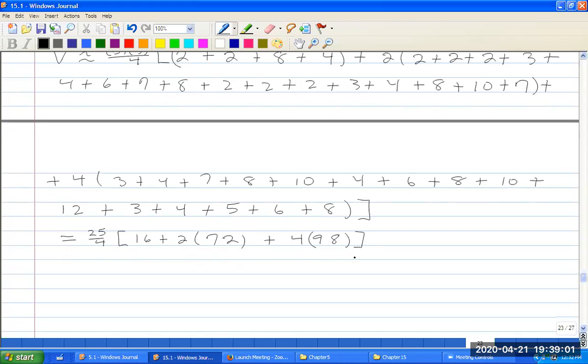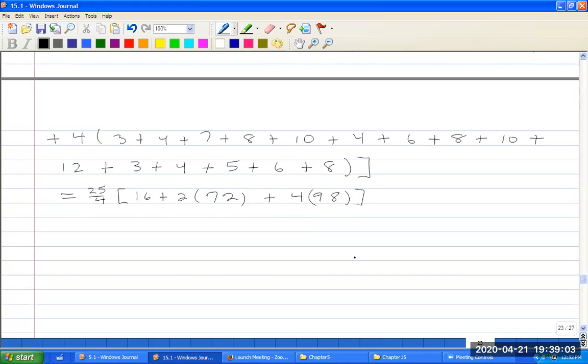Okay, so the volume is approximately, so plug that into your calculator, 3,450 cubic feet. That is the approximate volume of this.